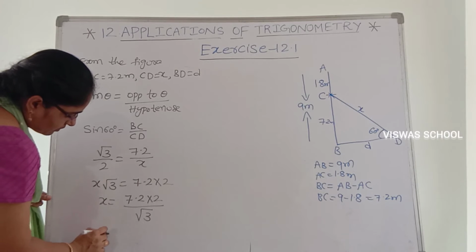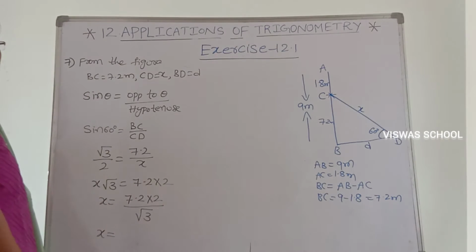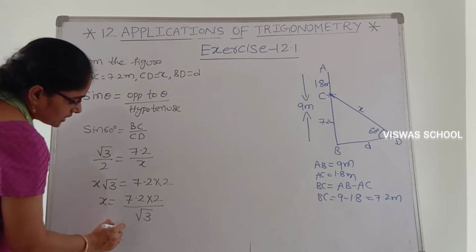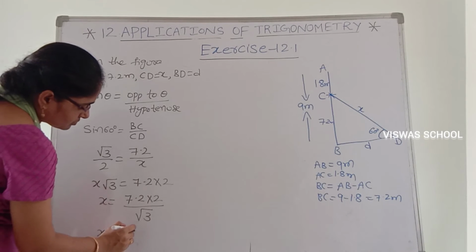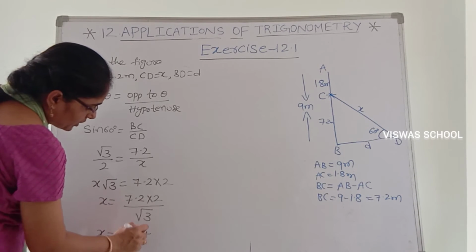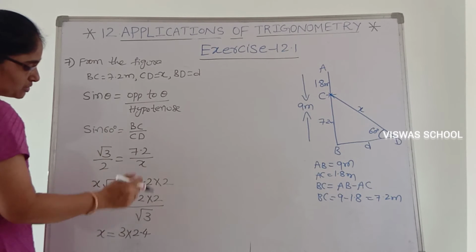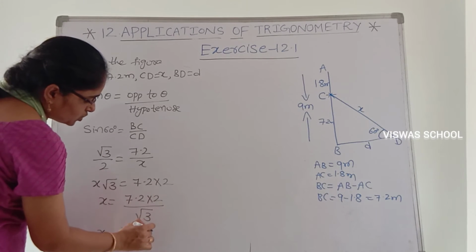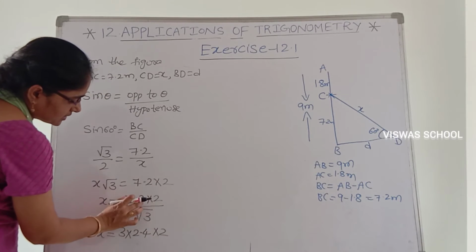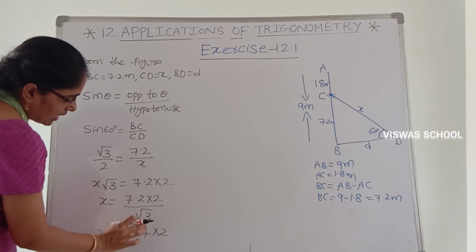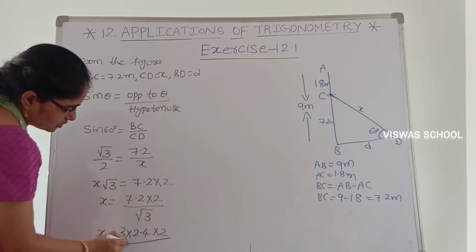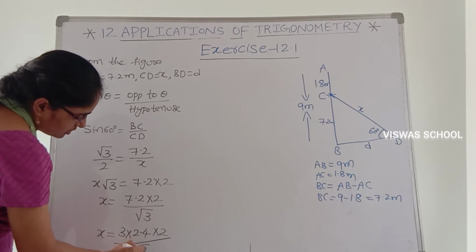Now x equals, again I am writing this 7.2 as 3 into 2.4, because for cancellation of root 3 I write this as 3 into 2.4 into 2, without changing the original value of 7.2. So x equals 3 into 2.4 into 2 by root 3.